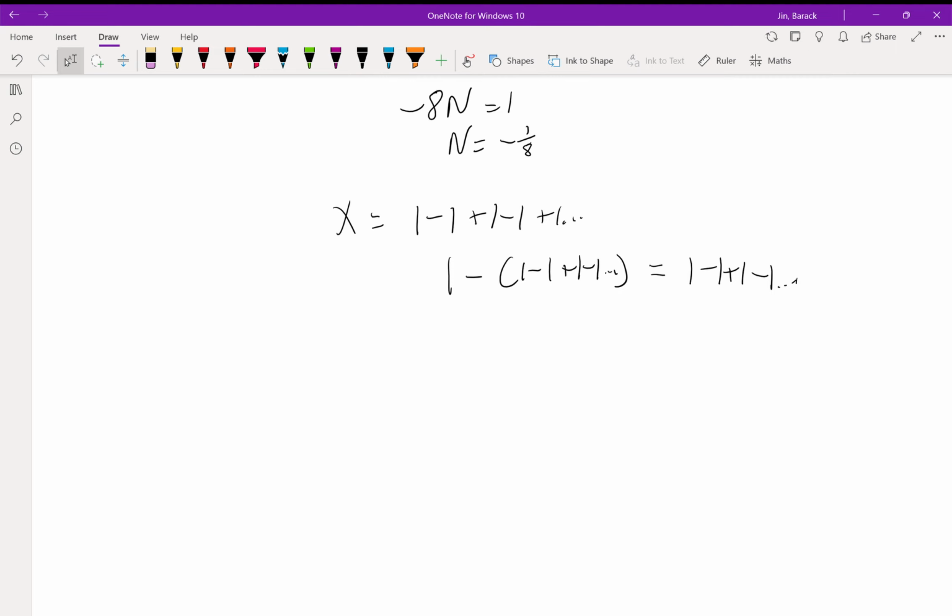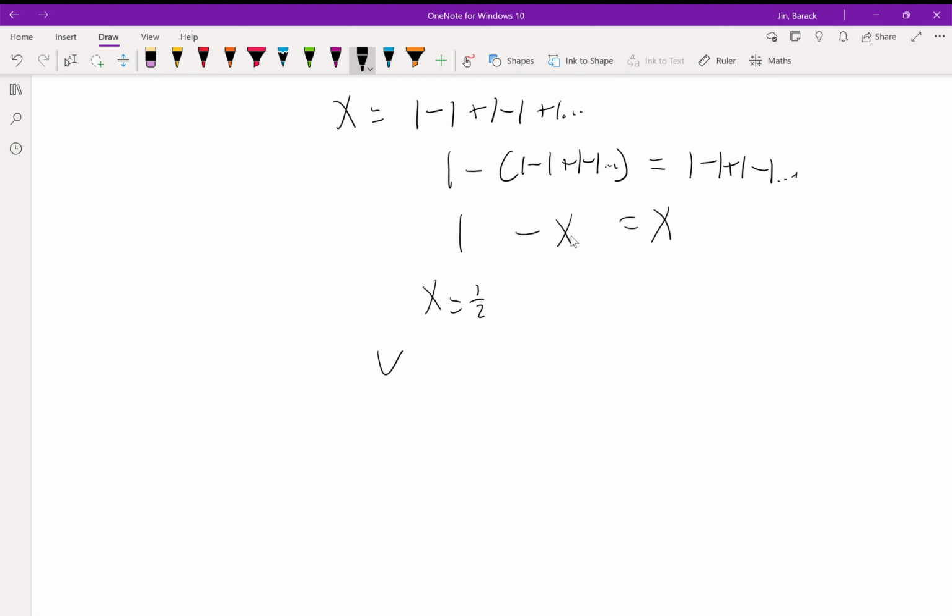That's cool. So 1 minus x equals x, and x equals a half. You may be thinking, what? Well, what's about to happen is a lot more crazy.